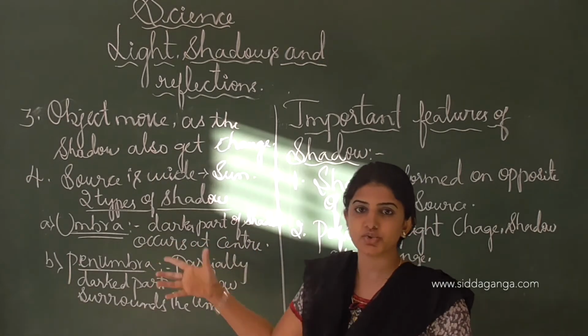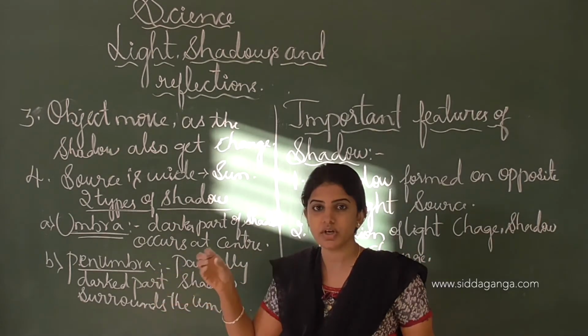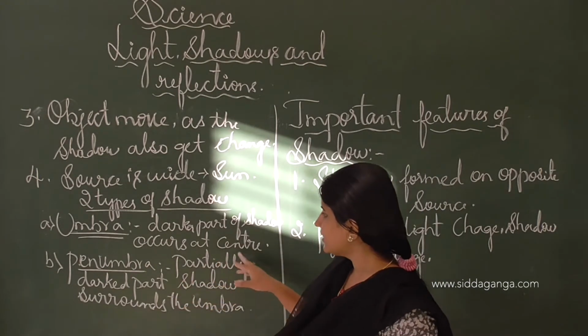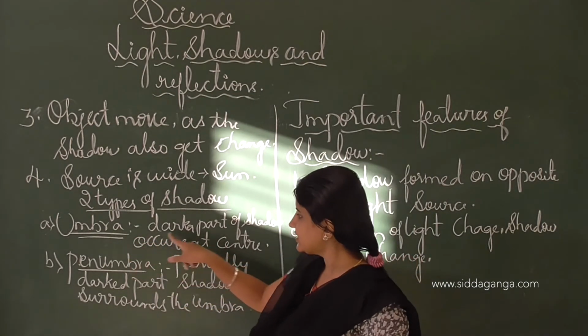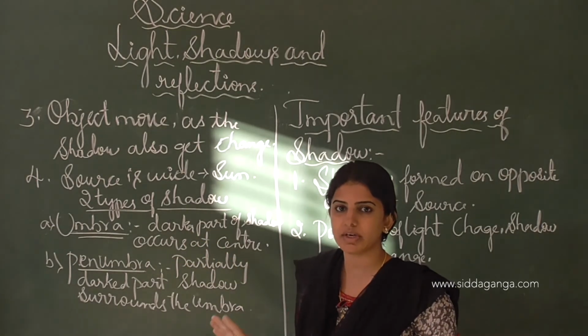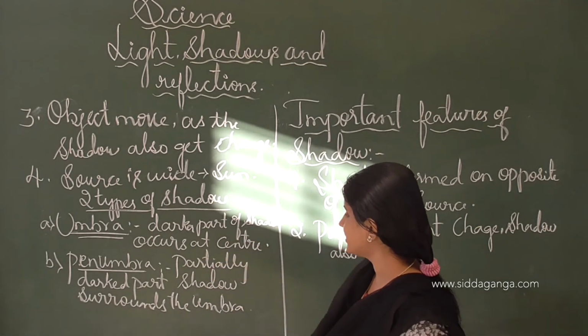In the penumbra stage, some amount of light falls on the umbra stage here. In the umbra stage, the region where total darkness is formed is at the center, and the darker part of the shadow occurs at the center.